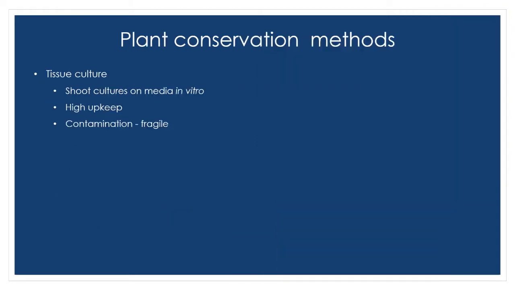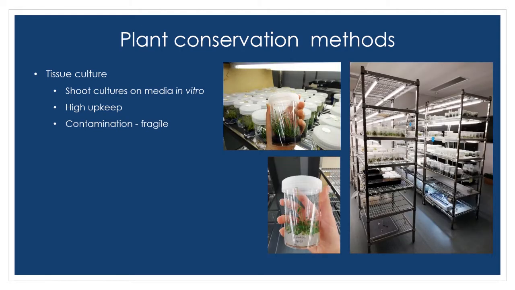Another method of ex situ conservation is tissue culture. So for those species that can't be stored in seed banks because they don't produce seed, or they produce seeds that are sensitive to desiccation, they can be grown in tissue culture. Tissue culture is growing whole plants on agar media in the lab, and these jars are kept in sterile conditions.